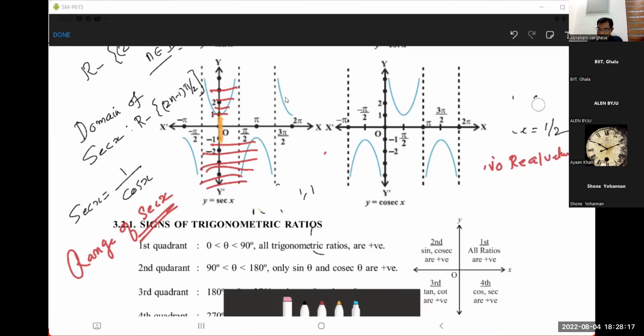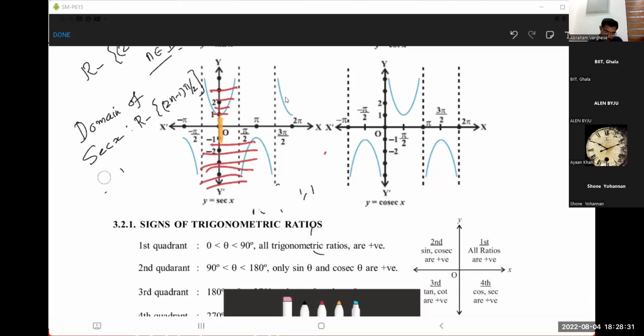So the last part, what is the domain and range of cosecant x?